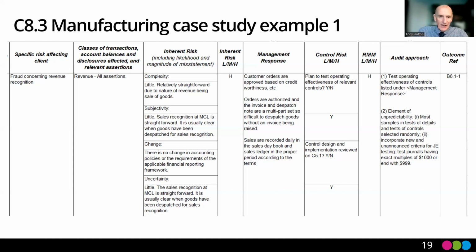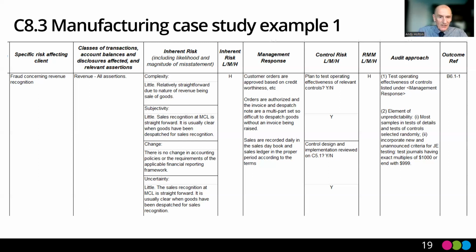However, the inherent risk is assessed as high, and there are two reasons for that. Firstly, fraud concerning revenue recognition is a default high risk. So it's high risk unless we can rebut it. As we will see on the next slide, the risk of management override is high given the close involvement of management, and that's why that high risk hasn't been rebutted. We then move on to the management response to those risks.